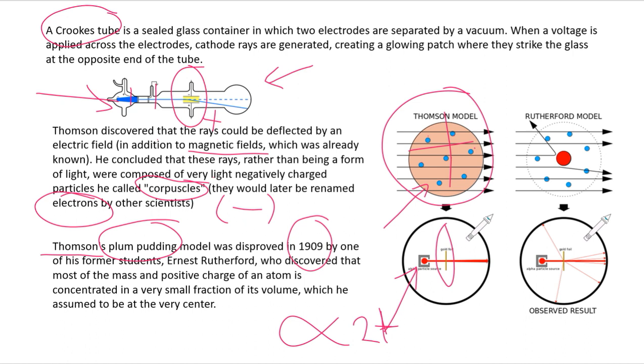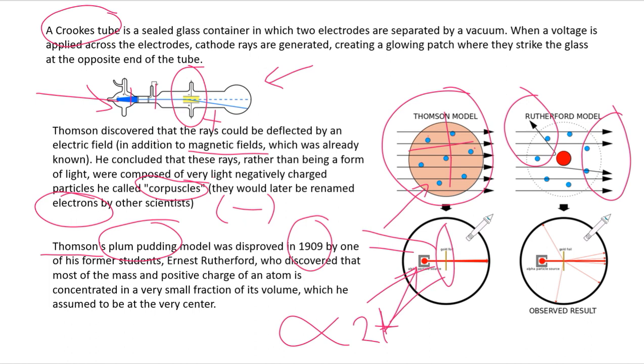If the atom were positive, of course these positive rays would go back, all of them. But what happened in real life? Mostly they passed without any problem at all, and only a few were rejected. Only a few.